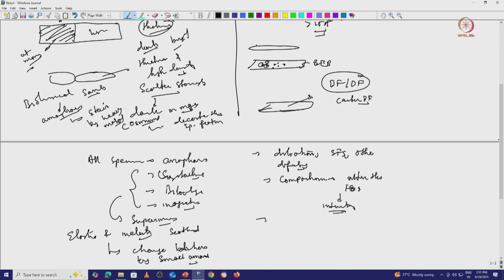Then one more important parameter is tilt angle, okay. So, it will produce a tilt angle of the specimen.